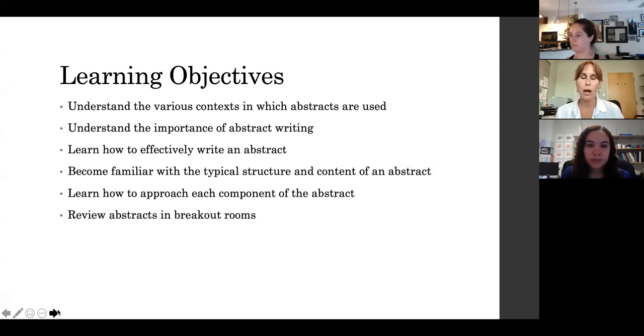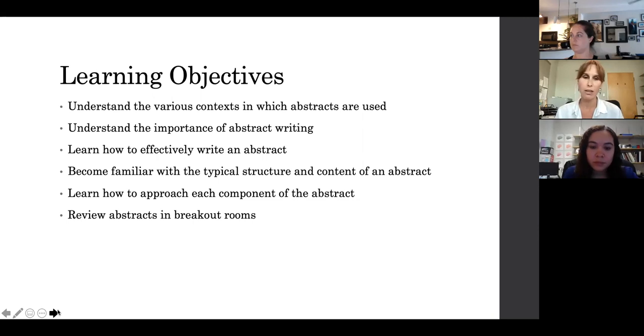Okay, so once you are in your breakout room, you're going to review one of the abstracts that was provided to you in the sample abstract document that was sent to you through the Summer Student Research Day. Okay, so it was along with the advertisement for this workshop. One of you will be assigned as the screen sharer.